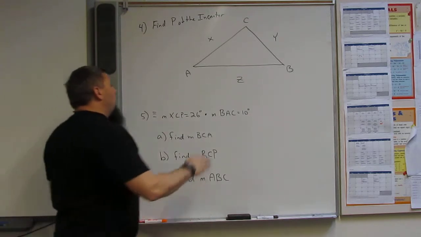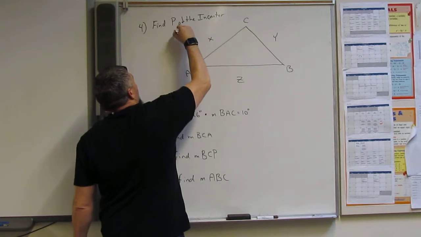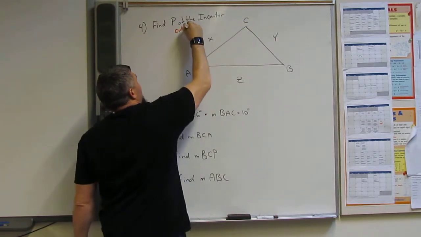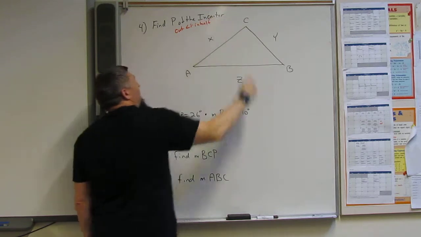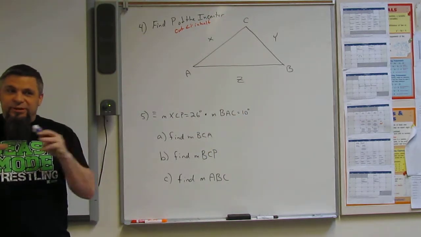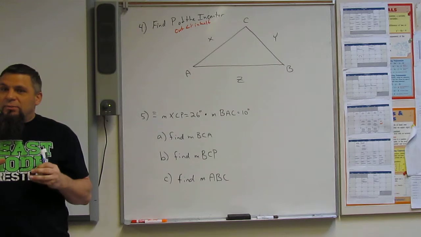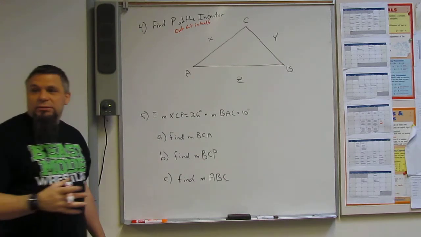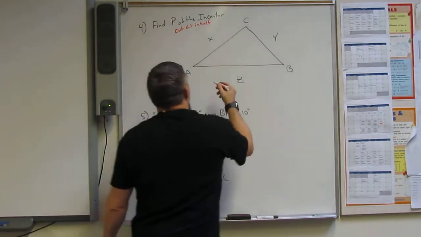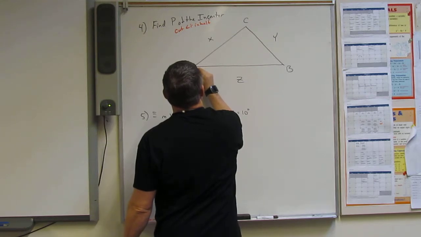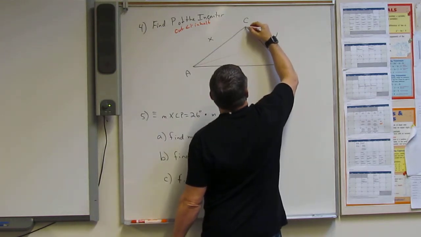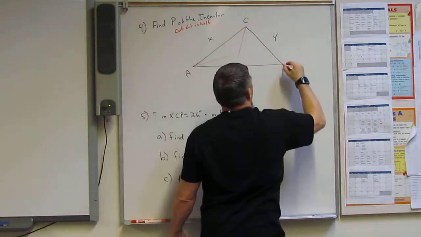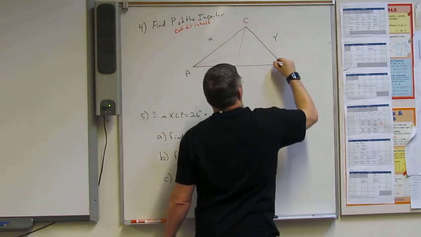So what we have to do is cut the angles in half. Remember that for the incenter: angle bisector. So I'm just going to cut this angle in half, and this angle in half, and this angle in half.